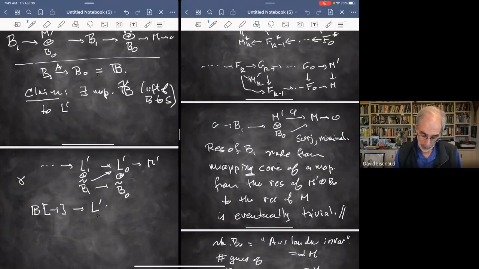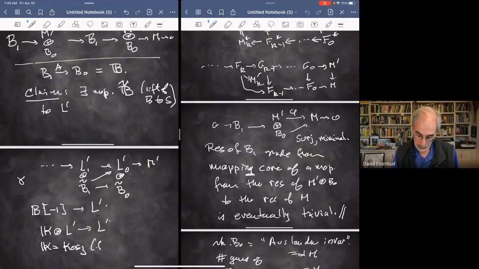But I also have a map from the Koszul complex tensored with L prime, the Koszul complex of the F's, tensored with L prime to L prime, where K is the Koszul complex of F1 up to FC -1. Why is that?